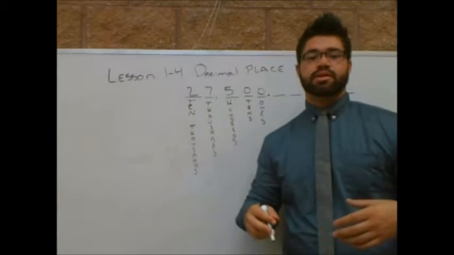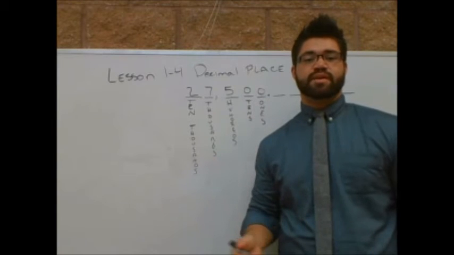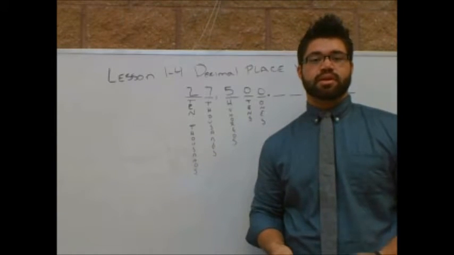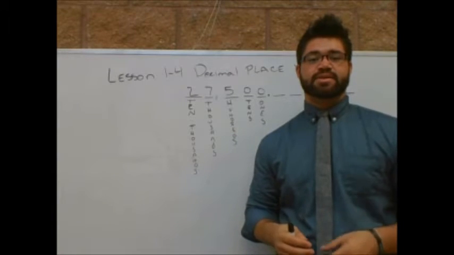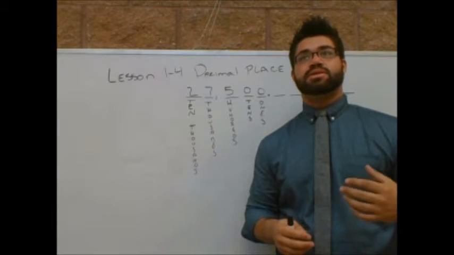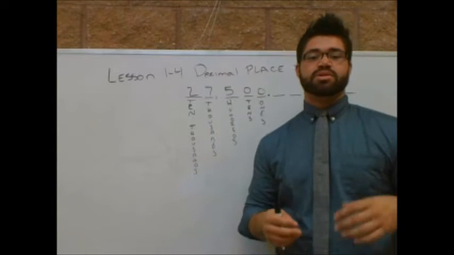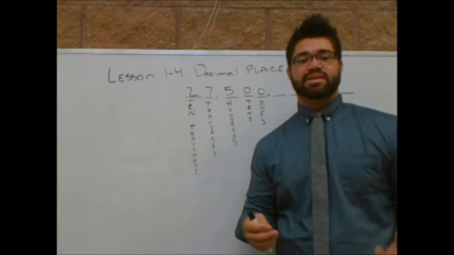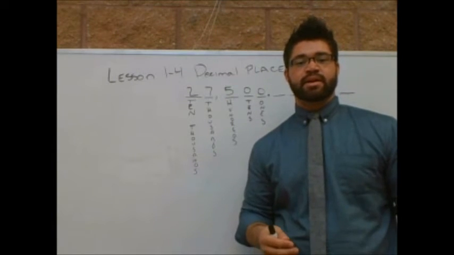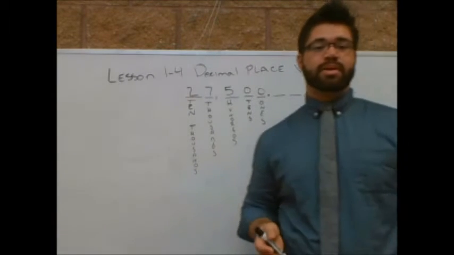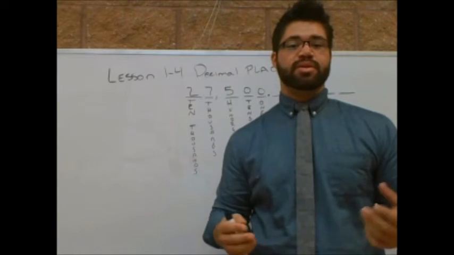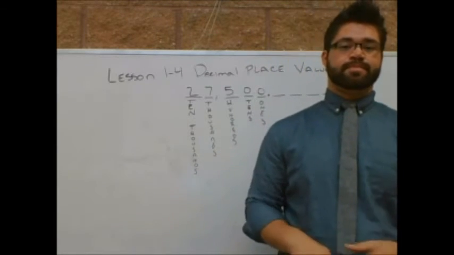What if I said that I wanted you to write 275 10,000ths? Okay, there's that TH at the end of it. So not 275,000s, but 275 10,000ths. If I say that, are you going to be able to fill in this place value? You might not be able to right now, but by the end of your lesson tonight, I'm hoping that is what's going to happen.